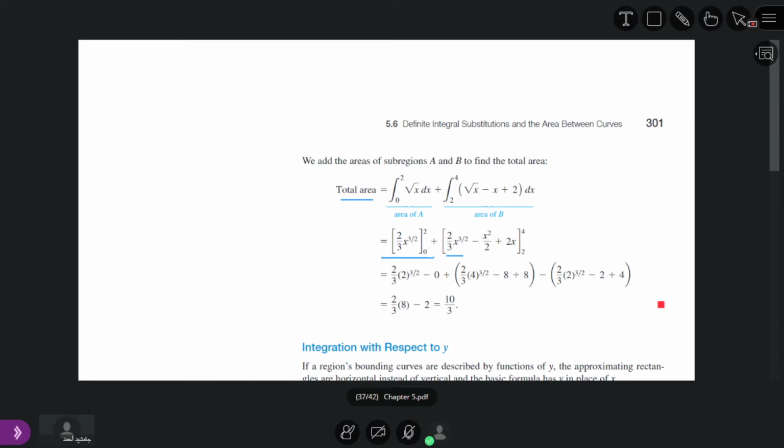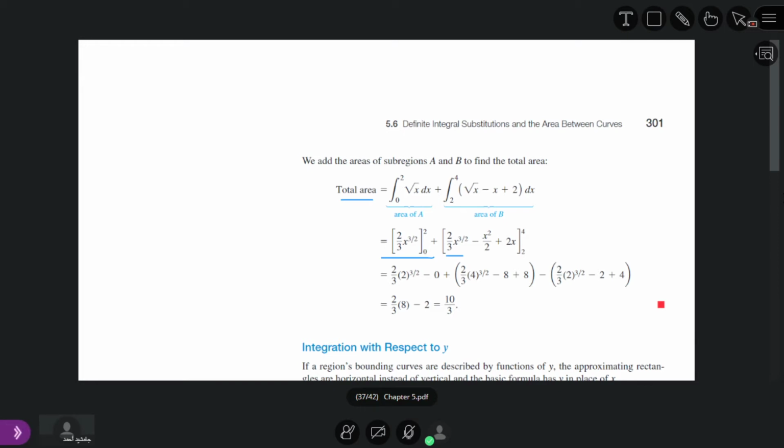It is equal to x square divided by 2. What is the antiderivative of 2? It is equal to 2x. So from 2 to 4.